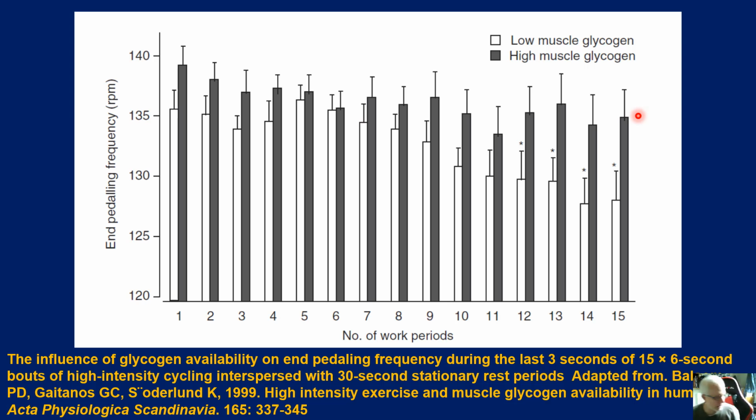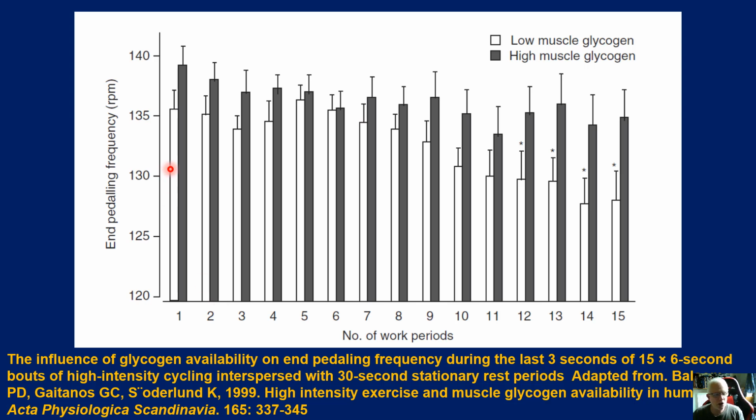So why is that the case? Well, remember that as we're doing these repeat sprints, they've only given 30 seconds recovery, and at the end of the sprint you've got to restore the substrate that's been used, so it would be the PCR.